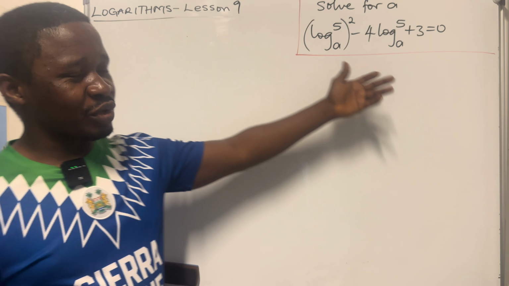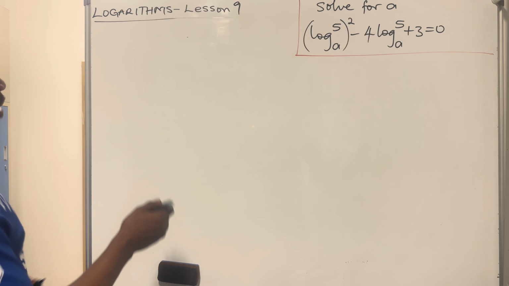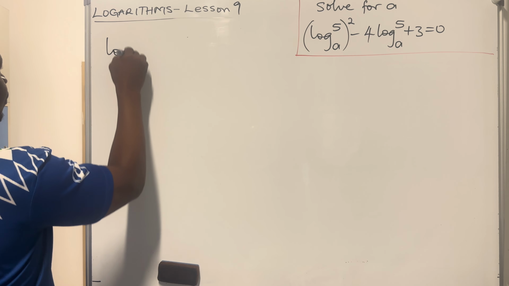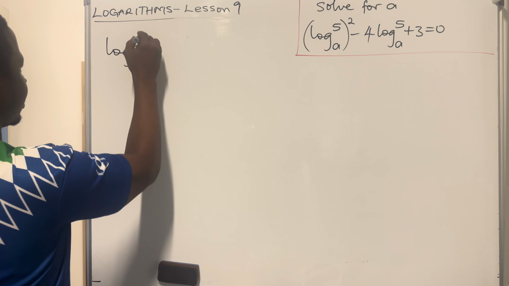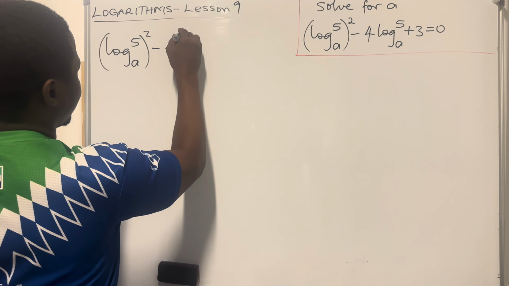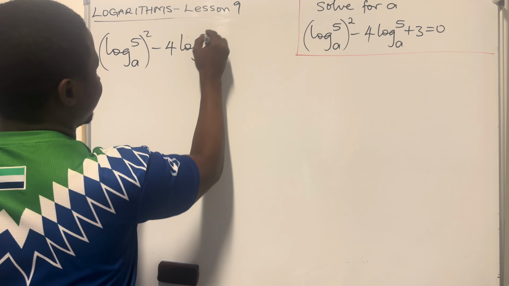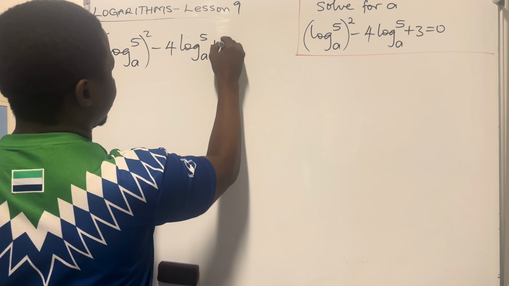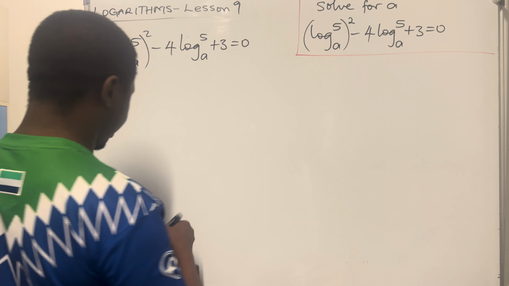This is an equation we want to solve. It says (log 5 base a) squared minus 4 log 5 base a plus 3 equal to 0.